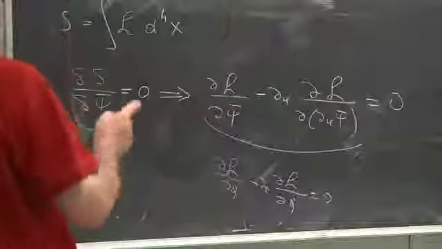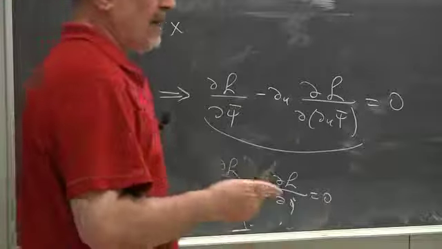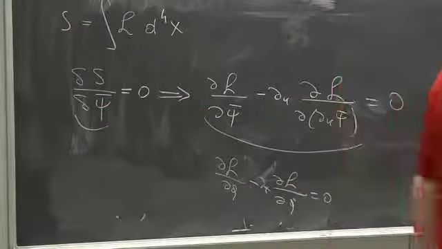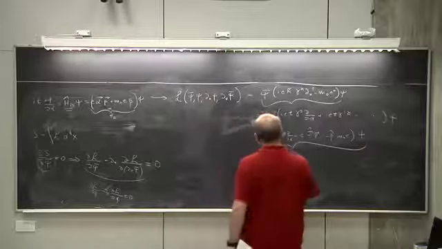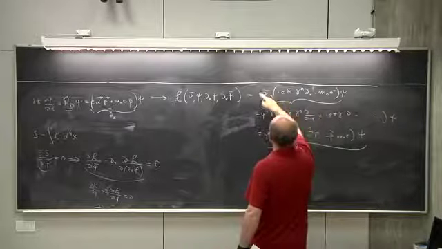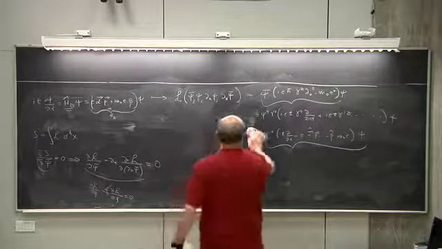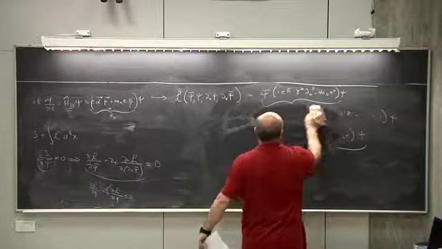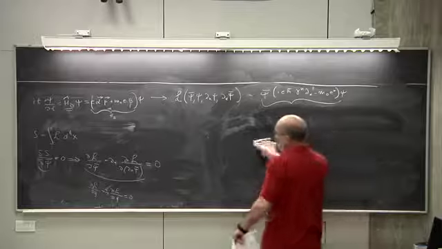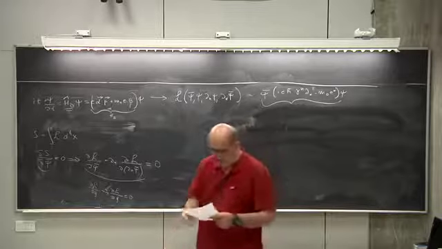Now let's do the variation with respect to psi bar. You can ask, why do you do it with respect to psi bar? Well, if you do it with respect to psi bar, let's choose this. So let's cancel this part. Let's choose that. And let's do the variation.